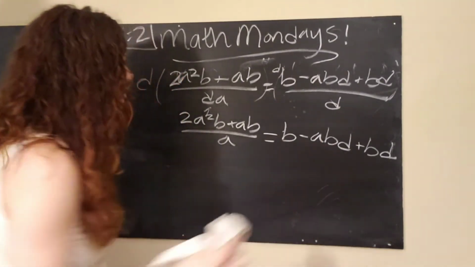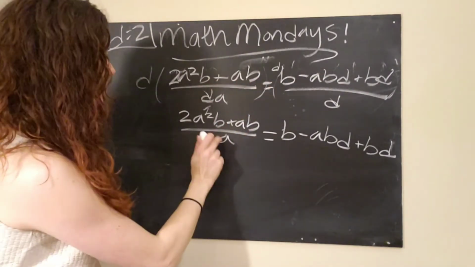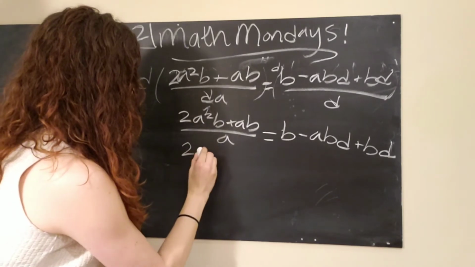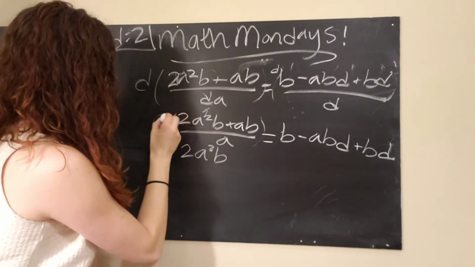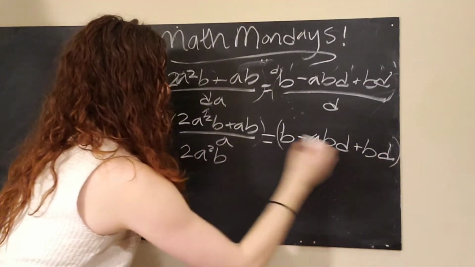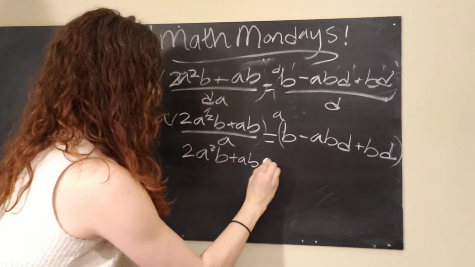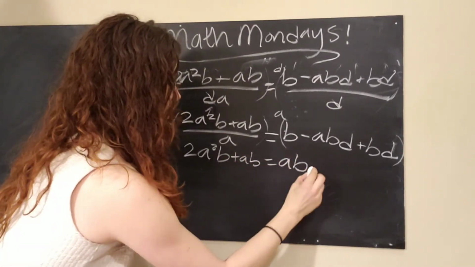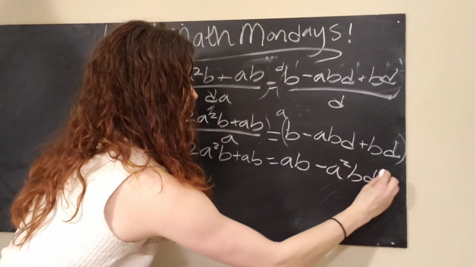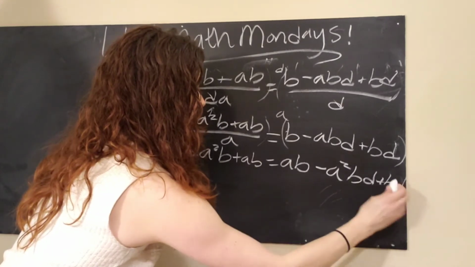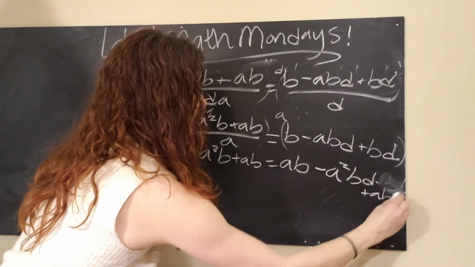And we are going to continue to simplify by multiplying both sides of the equation by a. Now we get 2a squared b plus ab equals ab minus a squared bd plus abd.